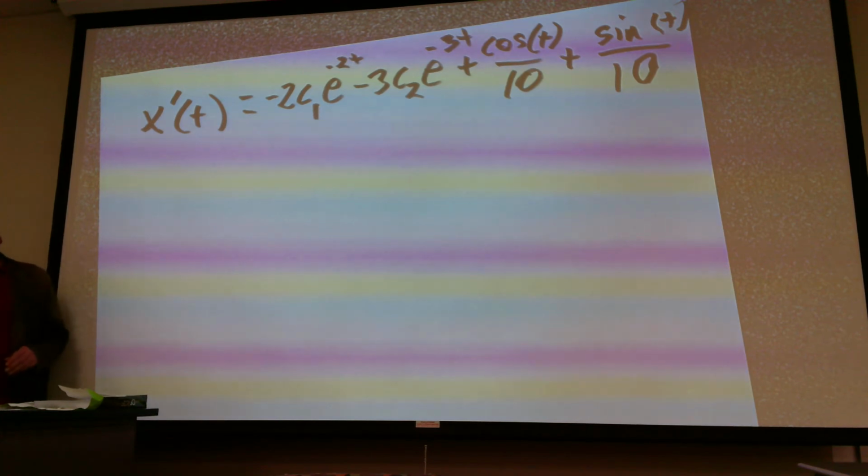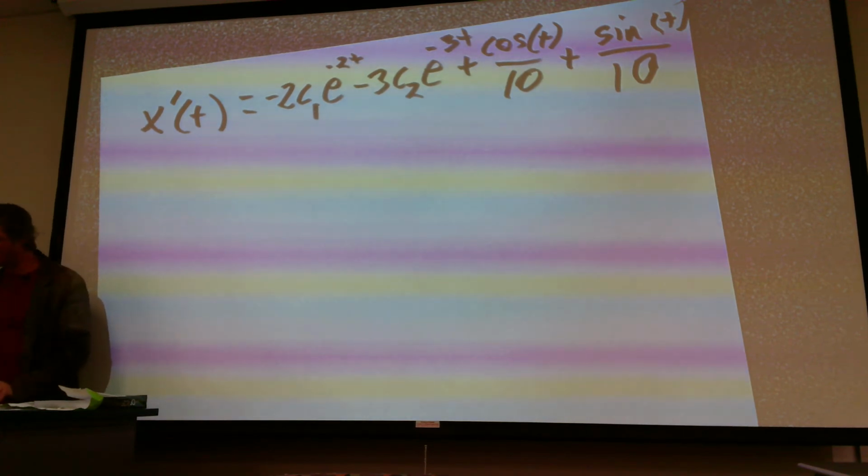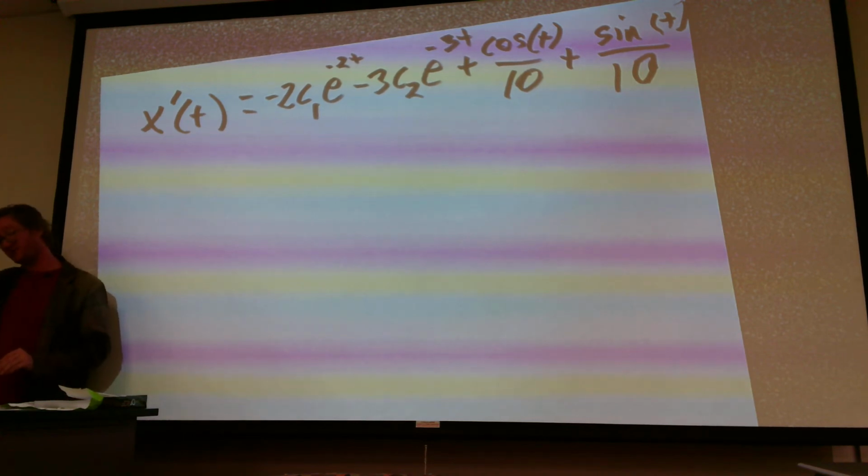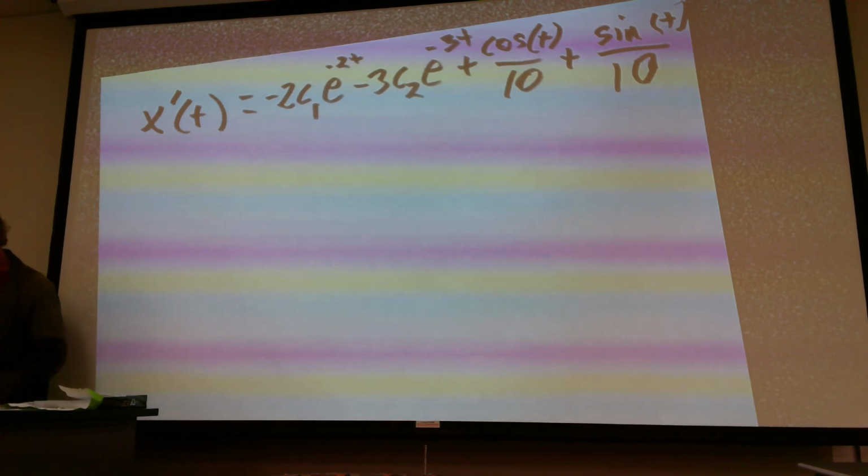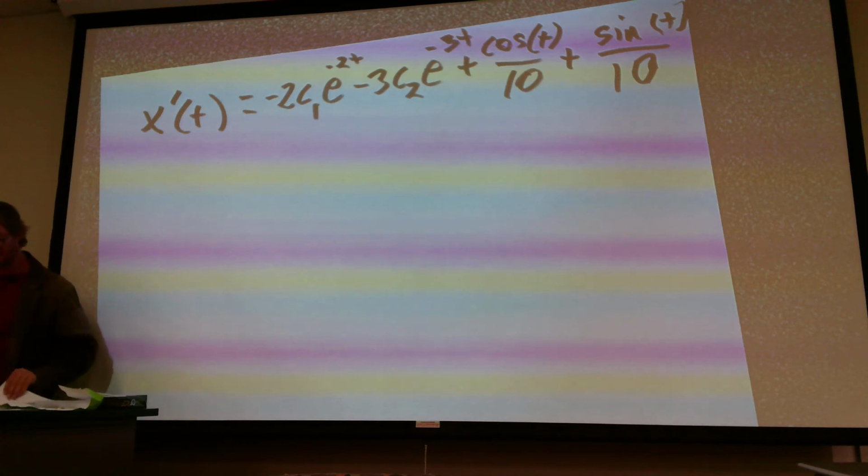Now our other condition was that it was moving downwards with an initial velocity of 2 feet per second.